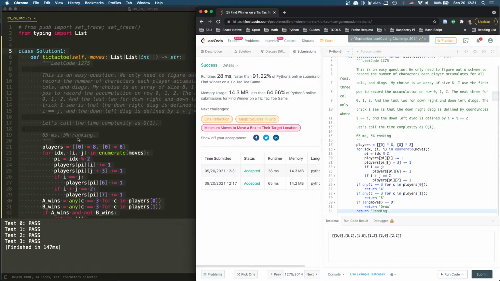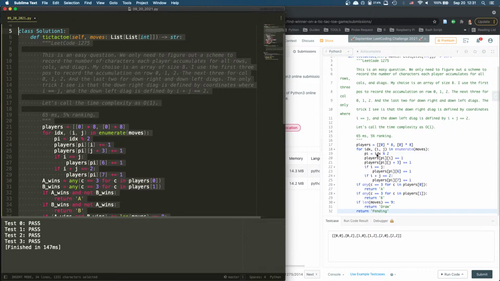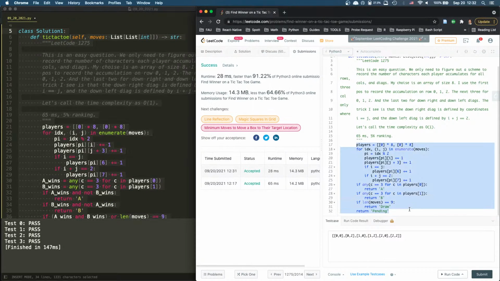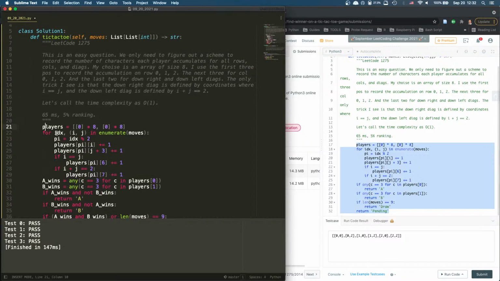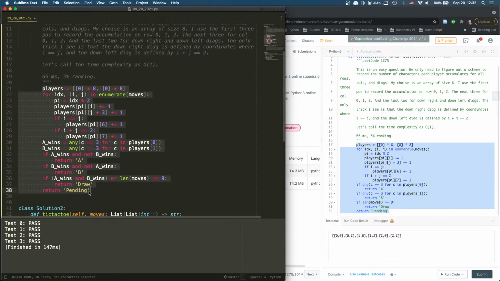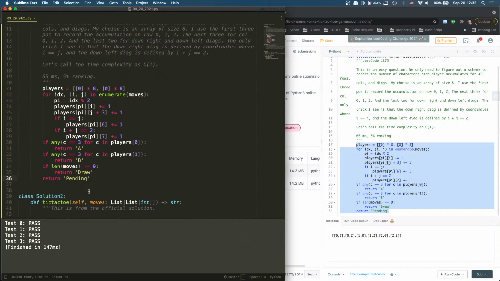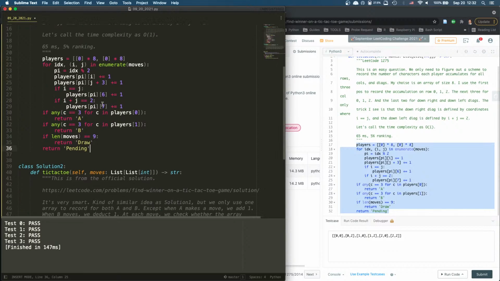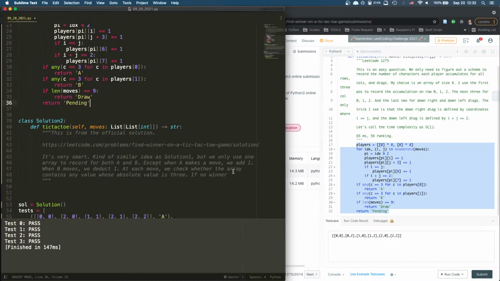Anyway, doesn't really matter. I'd like to do the other solution now. So we don't have to wait for all of them to the end. Check, right? So this one, we check if the array contains any value whose absolute value is 3. If no winner appears, right?